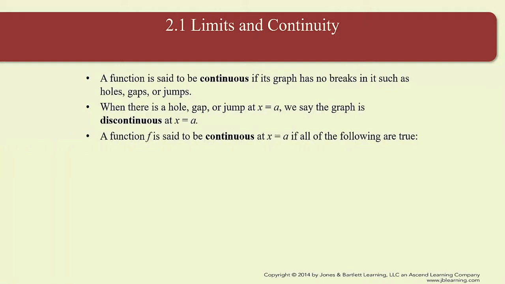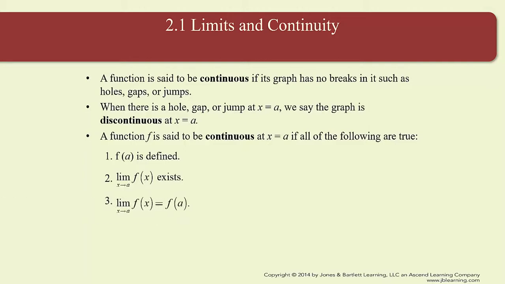So here's the real deal, folks, on how we determine if a function is continuous at x equals a. We say that a function f is continuous at x equals a if all three of the following are true. Thing 1, f of a has to be defined. Thing 2, the limit as x approaches a of f of x has to exist.